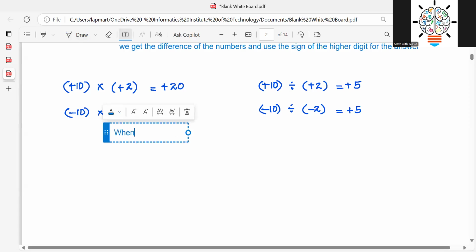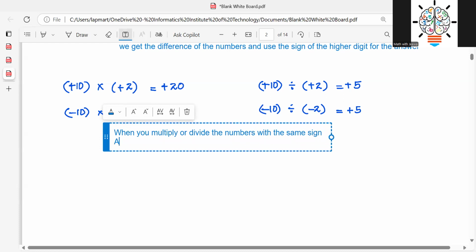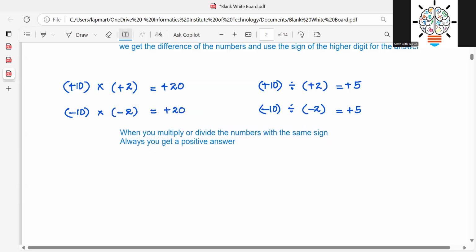When you multiply or divide numbers with the same sign, always you get a positive answer. So this is the third point we want to discuss.